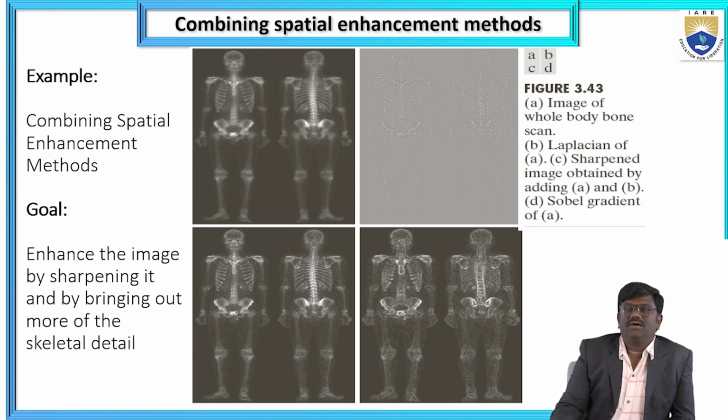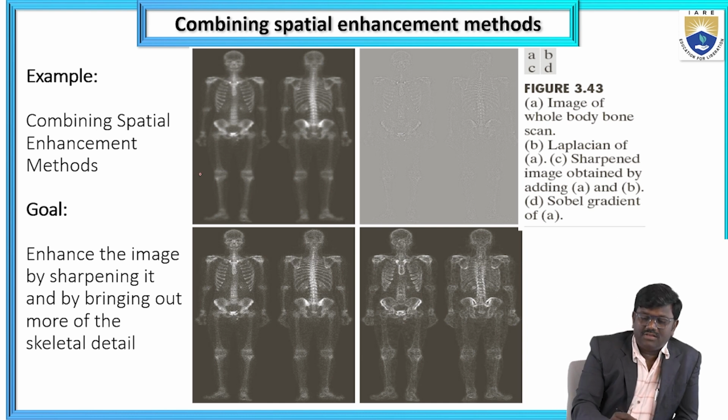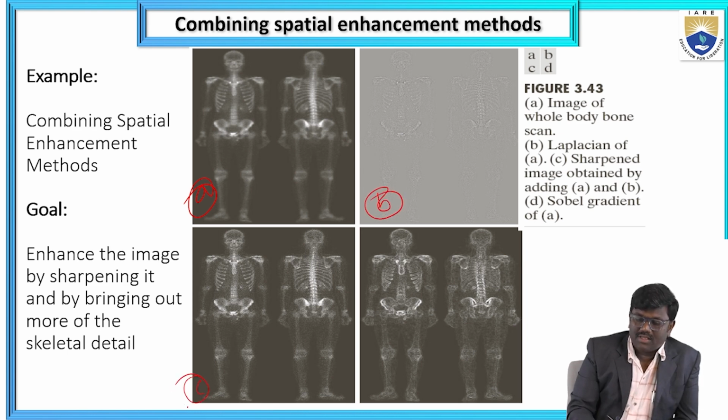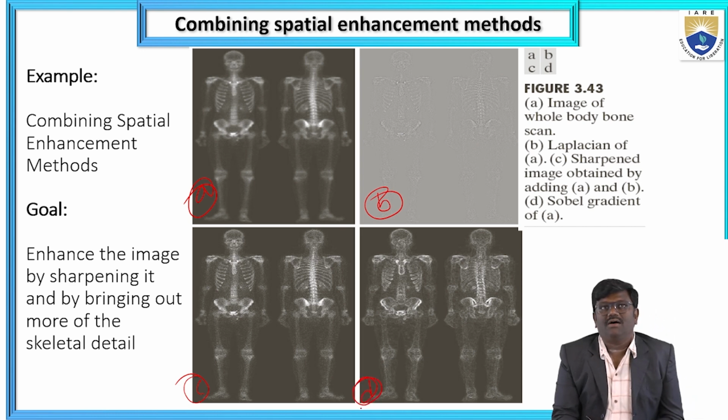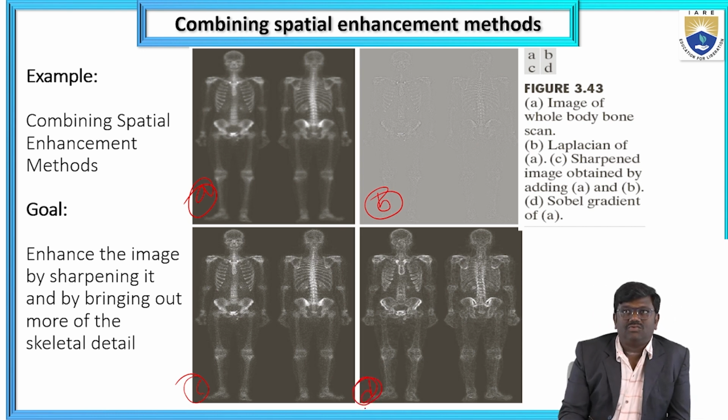This is the image of the whole body bone scan. Take A as this image. When we apply the Laplacian, it is B. C is the sharpened image, and D is where you apply the combined spatial enhancement method, which we simply call the Sobel gradient method.